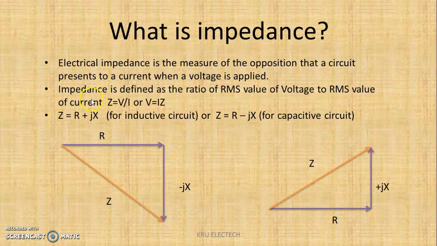This term shows the real part and the imaginary part. So this is the real part, that is the resistive, and that is the imaginary part. This is the direct addition of these two vectors, one vector R and another vector jX, that results in the impedance Z. Again, same case for the capacitive circuit.